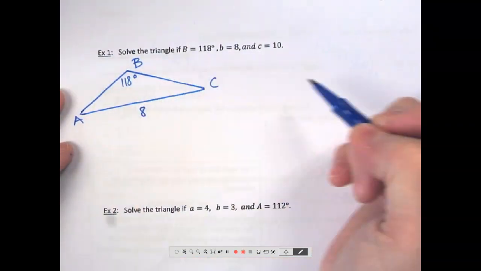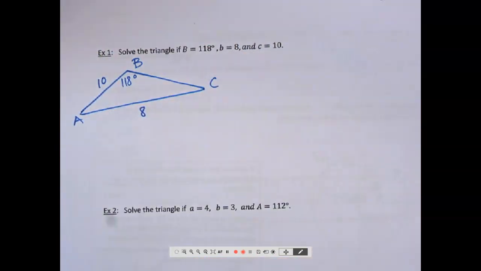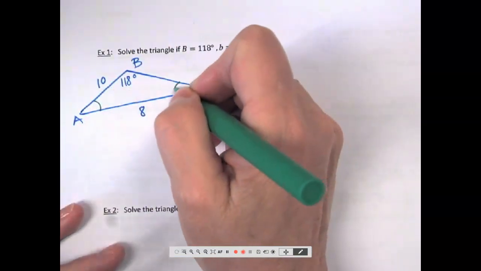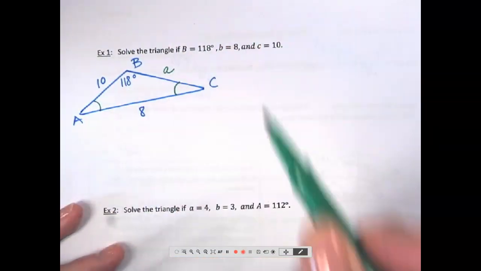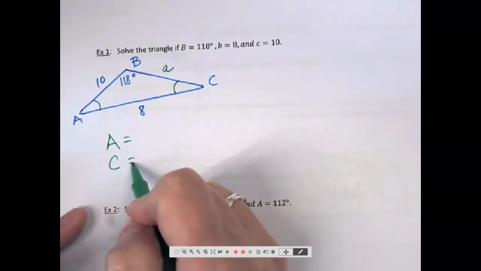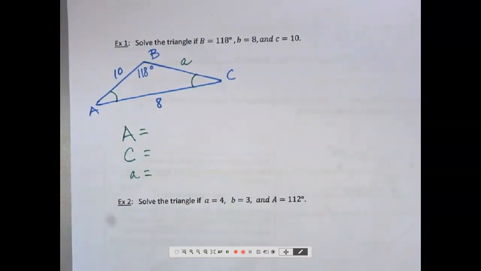Label that, and that, and that. So what's missing is angle A, angle C, and little a. So those would be the 3 things I need to find.